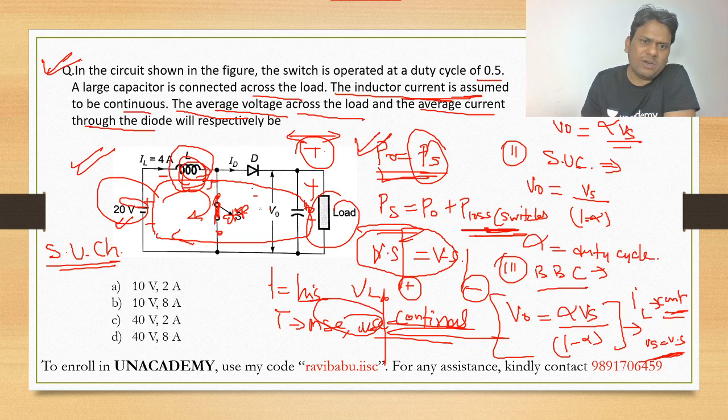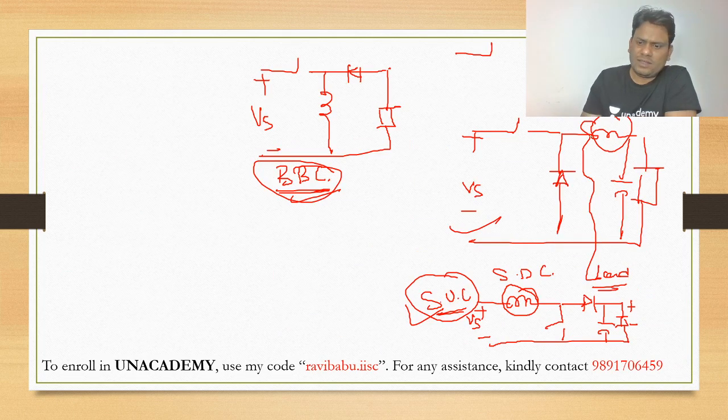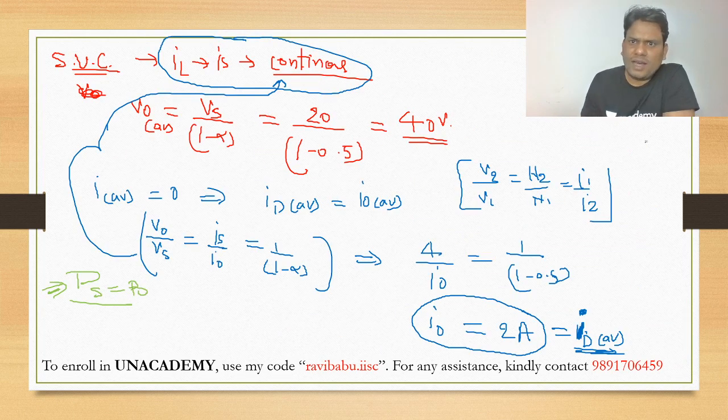Supply voltage is 20 volt, just see in the figure. And supply current is 4 ampere. So PS is equal to 20 into 4, which is 80 watt. If our converter is ideal, then load power should be equal to 80.